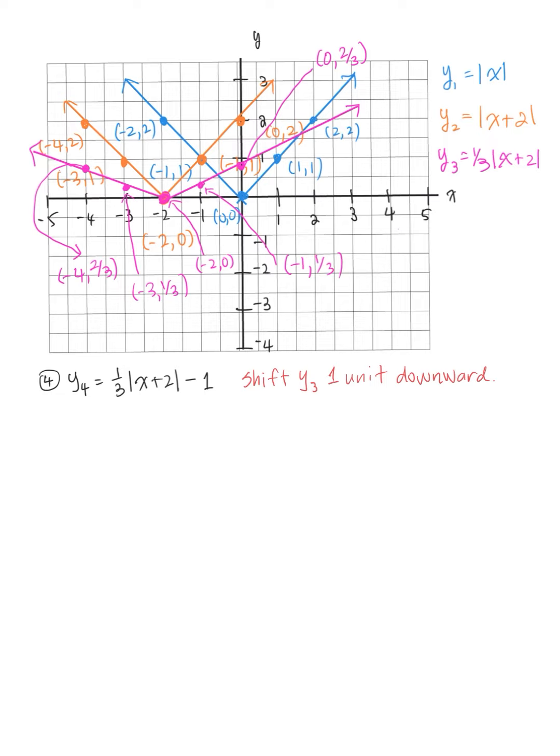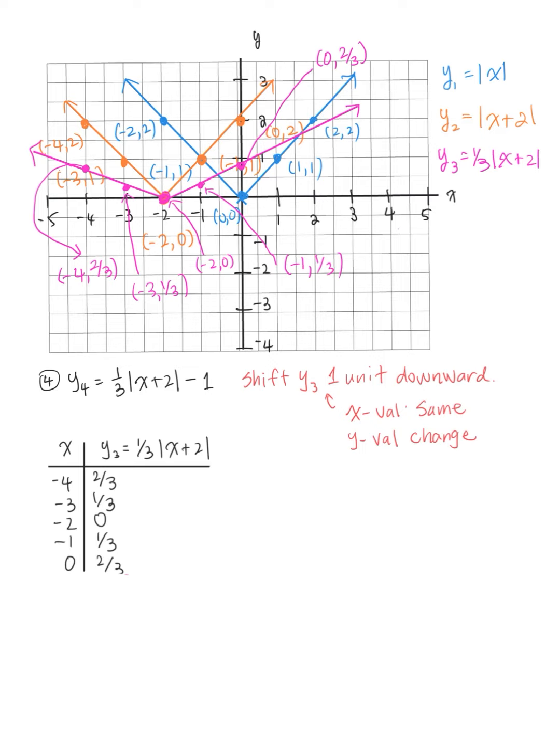So let me write that out. Now again, if the y values are the changing part, then our job is much easier than the other way around. So let me just bring back the list for y sub 3. And now let's make a new chart for our y sub 4.